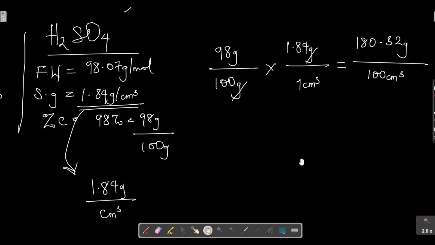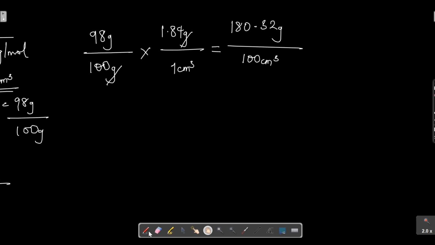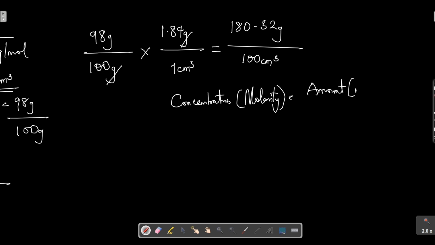Now, how do we convert this into molarity? Take note, molarity, which is concentration, which is what we are looking for here, is equal to amount, which is calculated in moles, over volume of solution in dm cube.